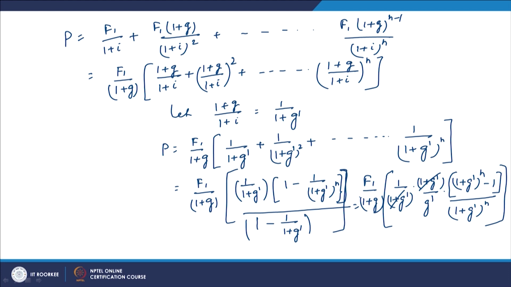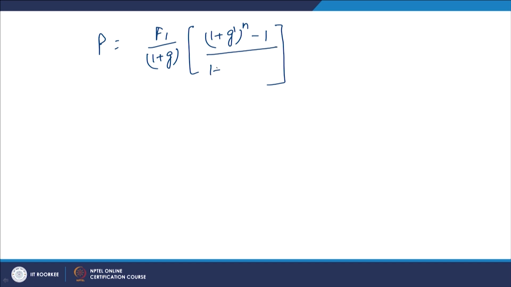So, we can further write p equal to f1 upon 1 plus g, and then 1 plus g prime raised to the power n minus 1 divided by 1 plus g prime to the power n into g prime. So, basically you must have this factor which will be multiplied with the first year payment f1, and that will give you the present worth of all these values.